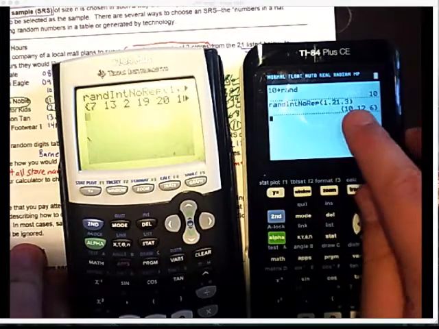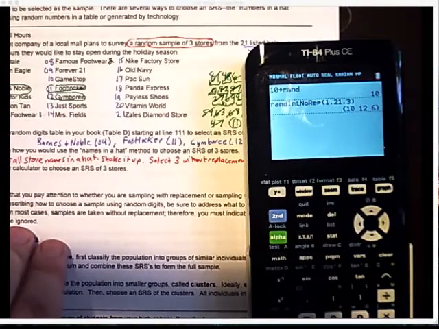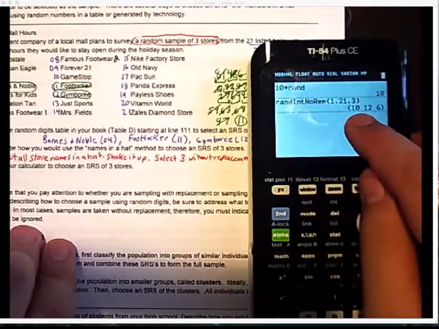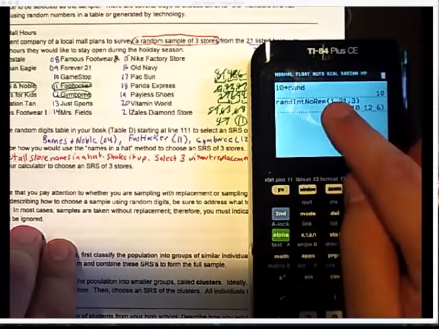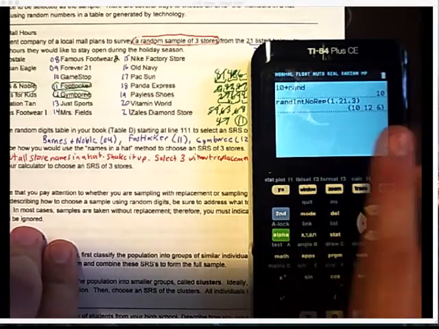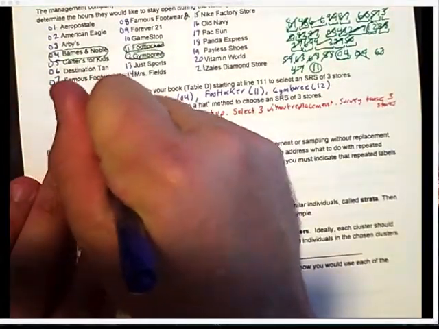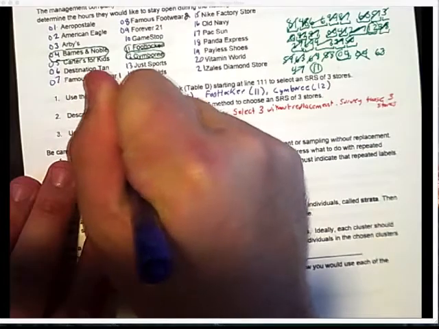All right, so if I'm using the newer model of the calculator, which is probably preferred, this is saying it's picking 3 of the numbers between 1 and 21, and it's not going to repeat any of them. So 10, 12, and 6. So if I use the newer model of calculator, I have store number 10, number 12, and number 6.